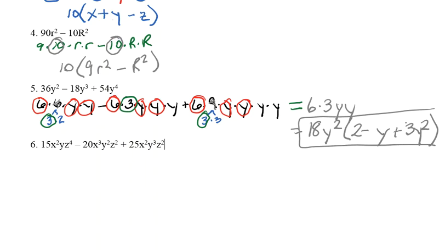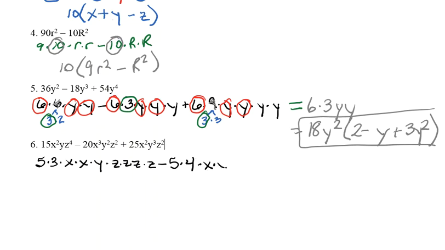Okay, so number 6 looks a little crazy. It just has more parts, so you just have to be diligent about making sure you do all the parts. So what goes into 15, 20, and 25? I'm thinking 5. So 15 is 5 times 3. I have 2 x's, 1 y, and 4 z's. 20 is 5 times 4.